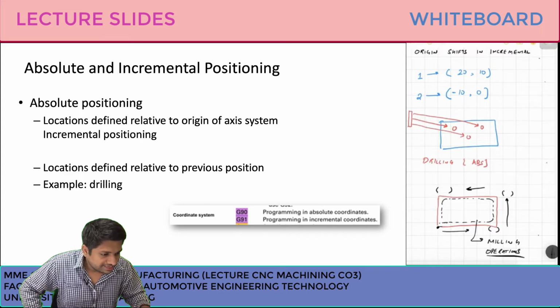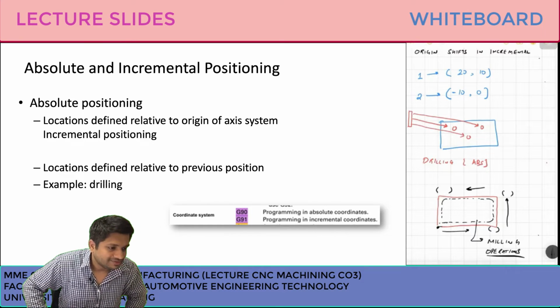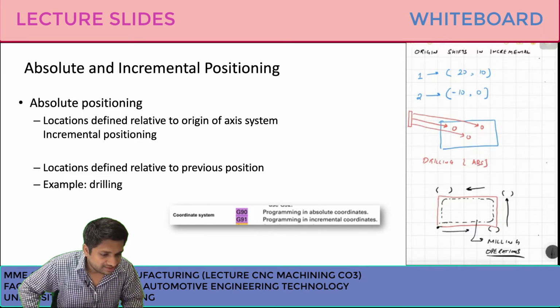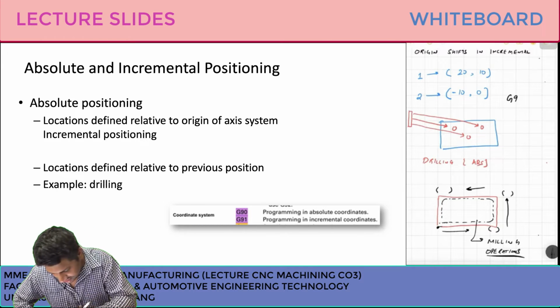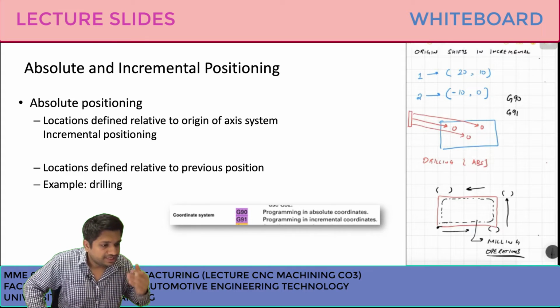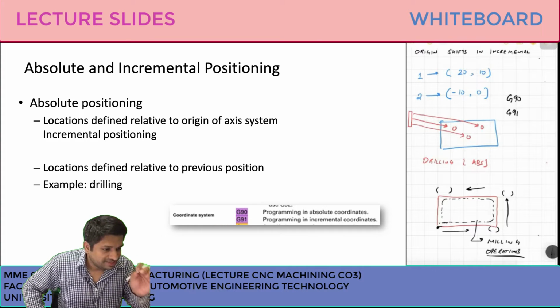That is why we have different G codes for these types of positioning systems. As you can see in the slide, in this coordinate system we have the G90 code and the G91 code. When we create an NC part program, we specify the code.